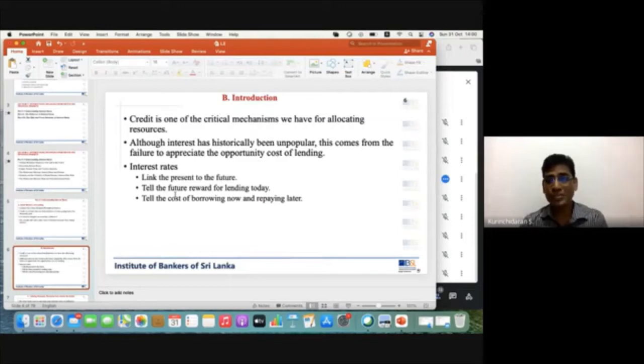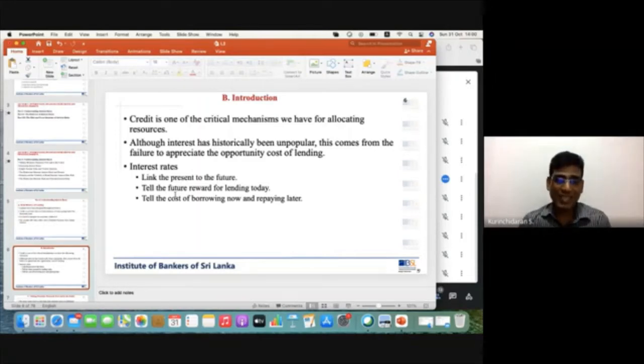I don't want to save anymore, I just want to spend it today. So every time we have to think about the opportunity cost of lending as well. We have to appreciate that, and that is the way we can bring any person out of poverty or a low living standard.